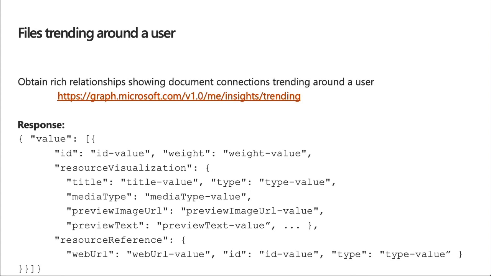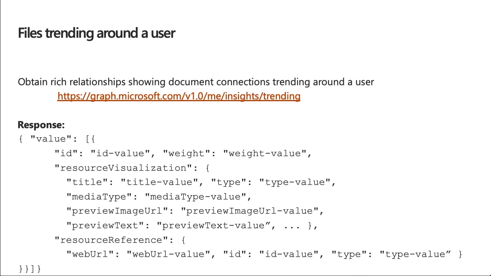And then we have the resource visualization and the resource reference objects. The resource reference objects would be used in a nice web UI experience to give some preview of the data that's being shown. So you have the web URL value and the type, and those can be things like thumbnails and such. Those are how you're going to find the actual resource.